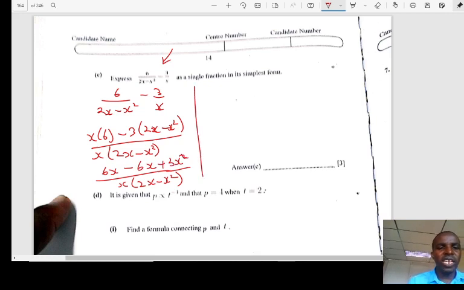Then you simplify here, you say 3x squared over x, 2x minus x squared.